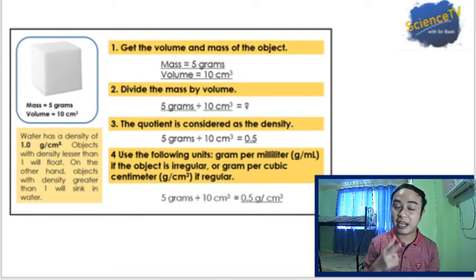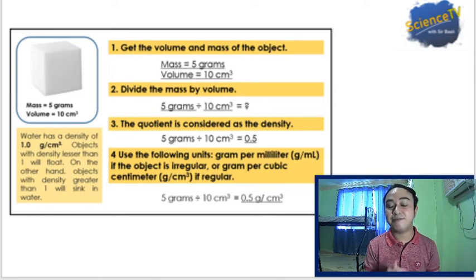Number 2, second step, divide the mass by volume, or in short, mass divided by volume. Hence, we are going to use division as the operation. Sir, are we going to divide? Yes, you are going to divide mass by volume.